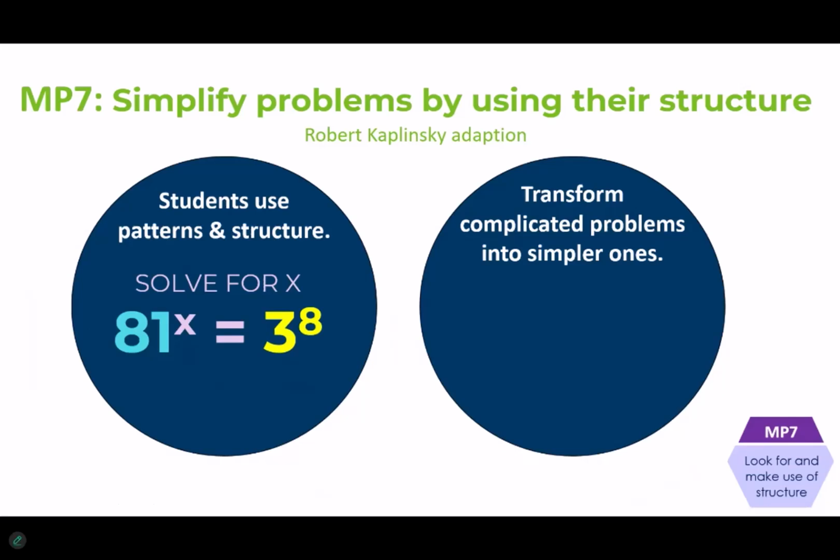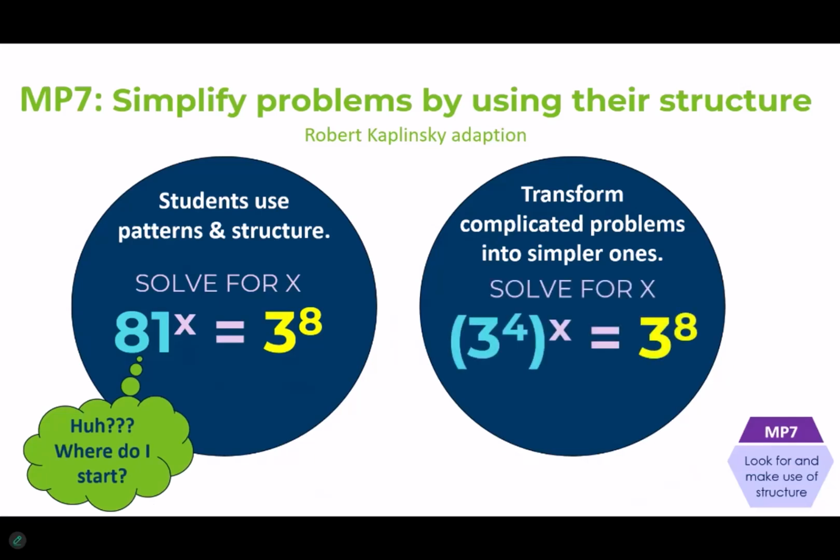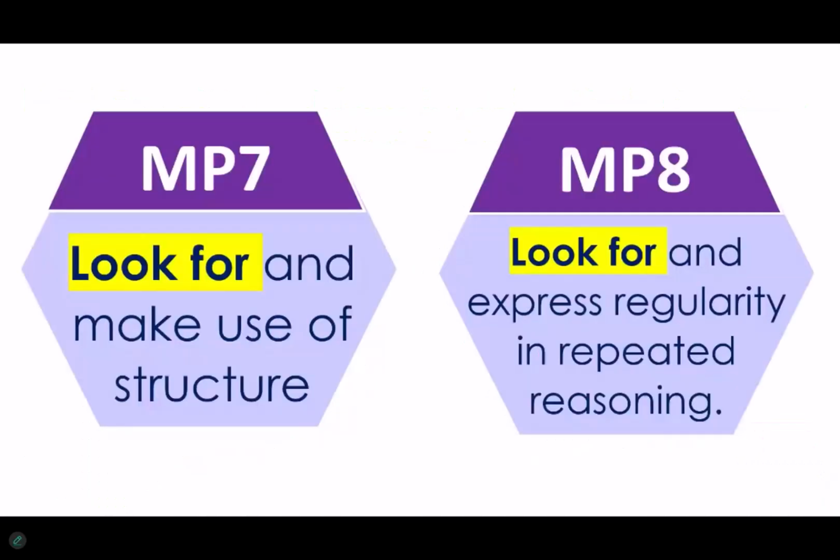But as we start to transform that 81 and look at what are the factors of 81, we might notice that 81 is 4 factors of 3, 3 times 3 times 3 times 3. And if we can make both the left and right side of that equation have a common base, we can start to look at the exponents and say, ooh, that X must be 2, 4 times 2 is 8. And it becomes a whole lot simpler.